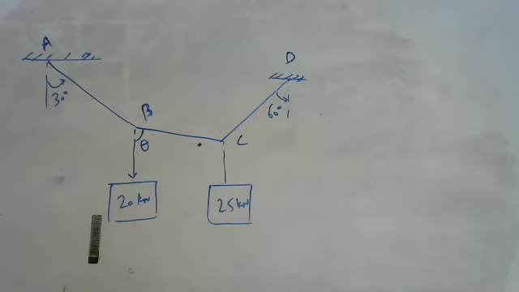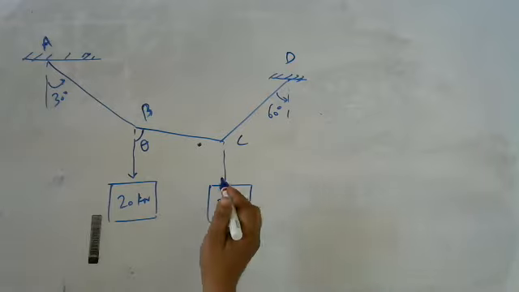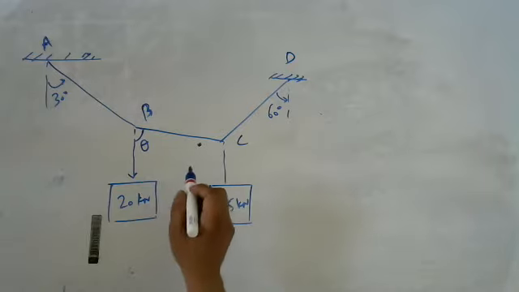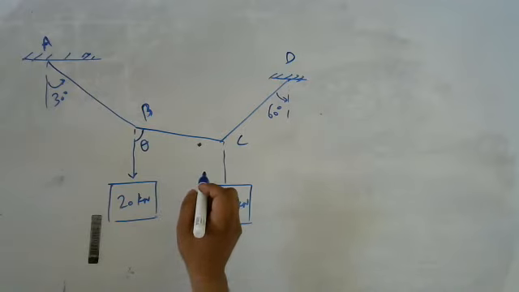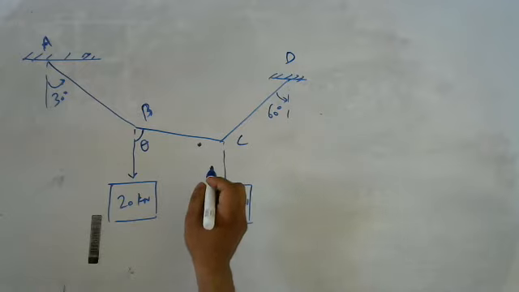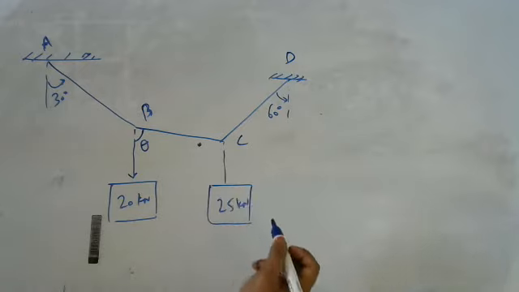So now when equilibrium is reached, it is found that the inclination of AB is 30 degree and that of CD is 60 degree to the vertical. Determine the tension in the segments AB, BC and CD of the rope, and also the inclination of BC to the vertical.